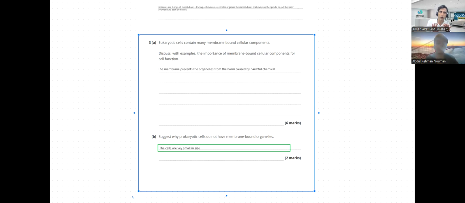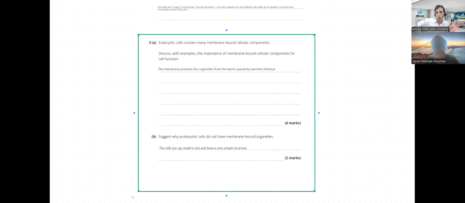Compartmentalization is required where you have to do a lot of functions. Compartmentalization itself is saying that every part has to perform a different function. The eukaryotic cell is quite complex and performs a number of functions. Mitochondria have their own function, endoplasmic reticulum has its own function, and the overall structure of the cell is quite complex.